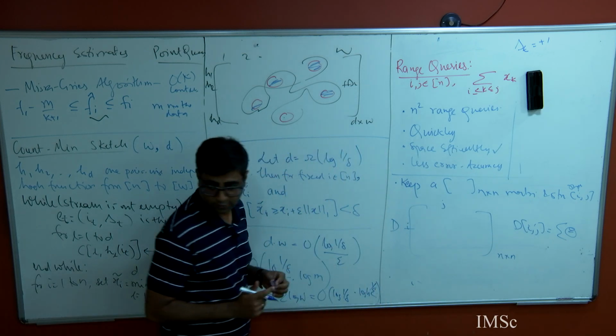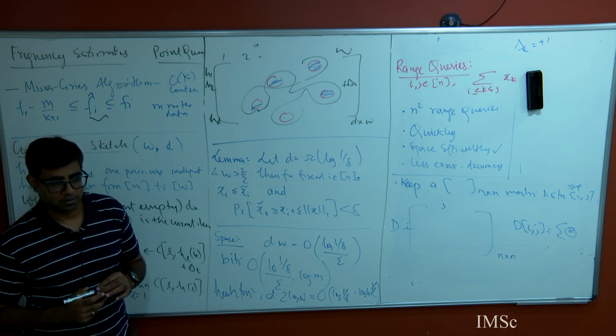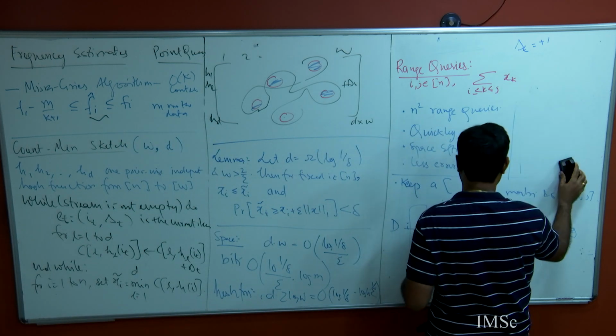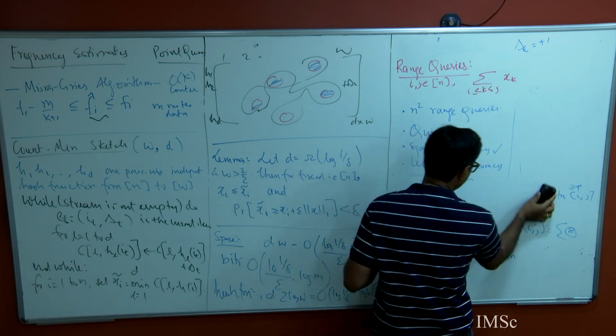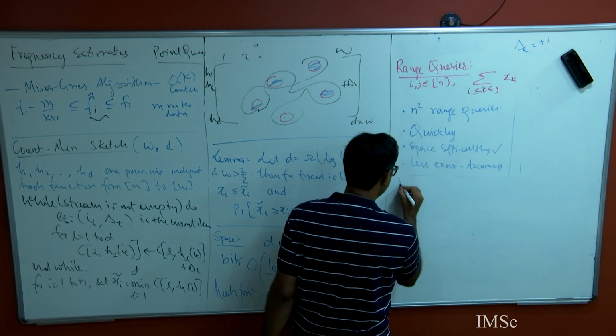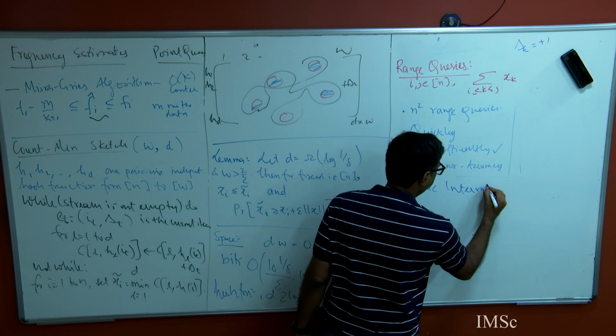Okay, so how many of you have heard of this object called dyadic intervals? Okay, so let's do some fun. There's a notion of something called dyadic intervals. So what are dyadic intervals?